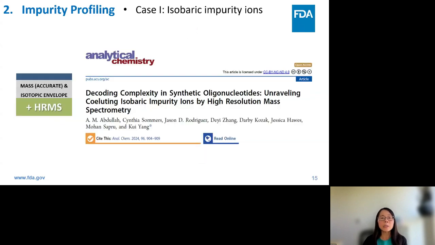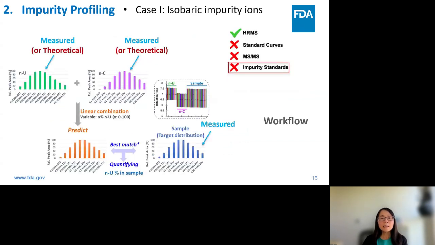We recently published our work in addressing this analytical challenge where we developed a HRMS-based approach to overcome the limitations of a conventional LC-MS method in quantifying co-eluting isobaric ions individually. This approach has a simple and straightforward workflow as shown here. It requires 3 isotopic peak distributions measured by HRMS for both impurity standards and the sample.